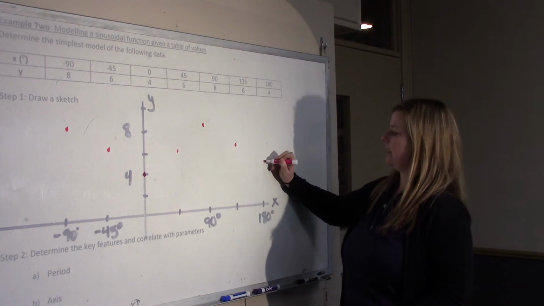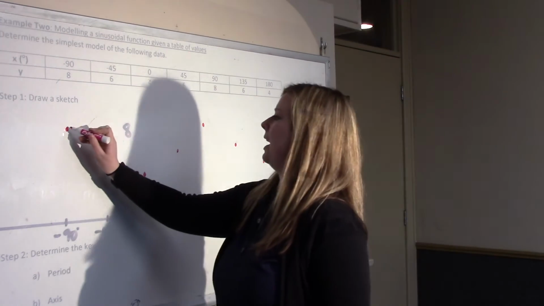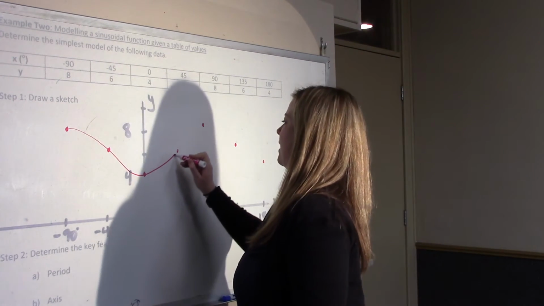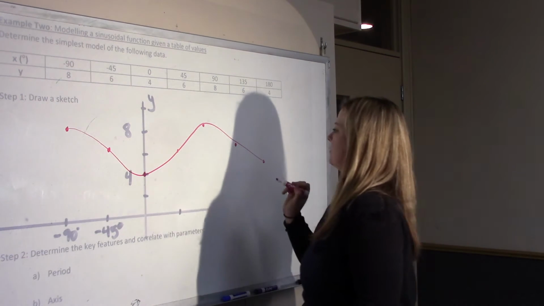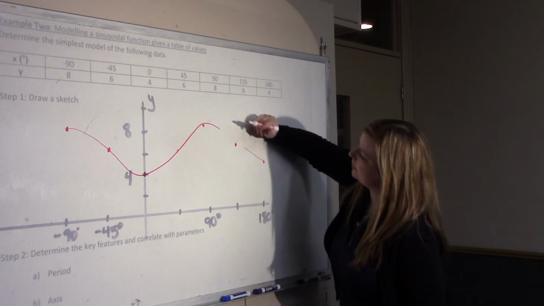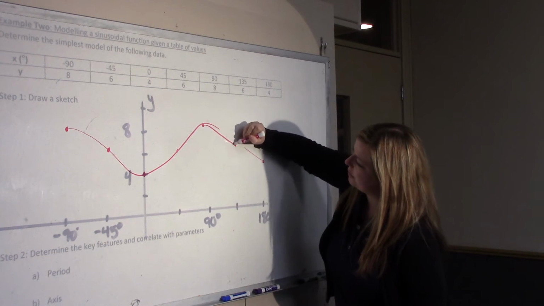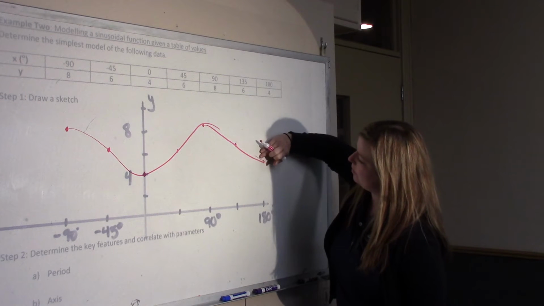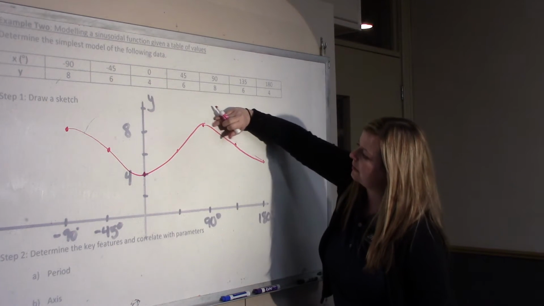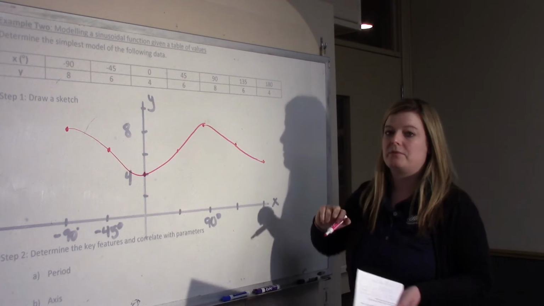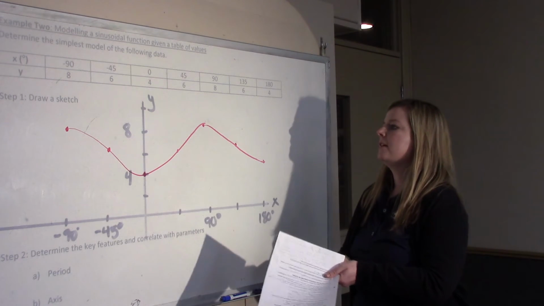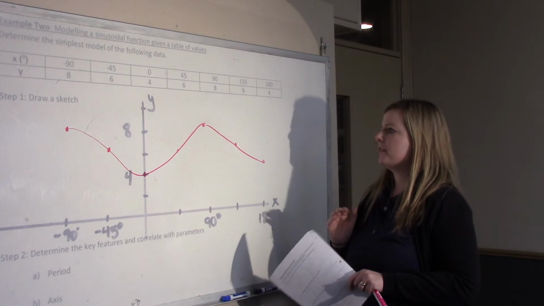And 180 is at 4. So it's clear that we have a repeating pattern, and this makes a sinusoidal curve. Sometimes you have to redo your sketches to make sure it hits all the points. So make sure you're using pencil when you create your sketches. Okay, so there that is.